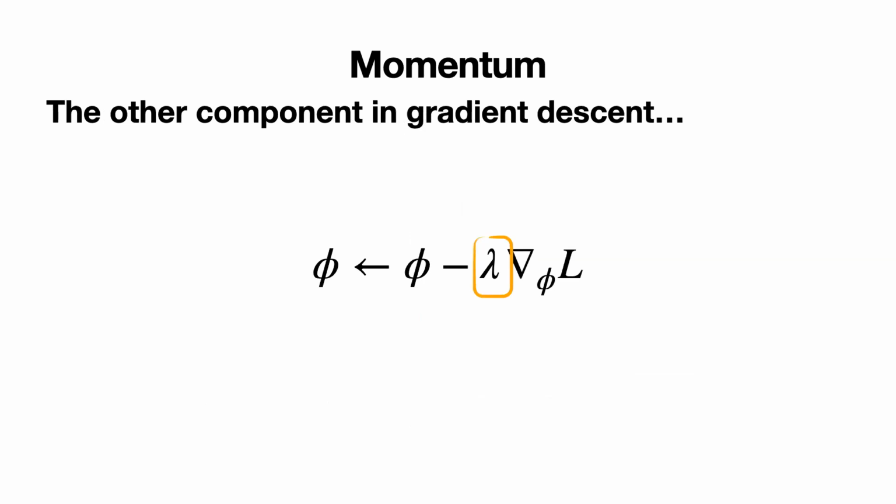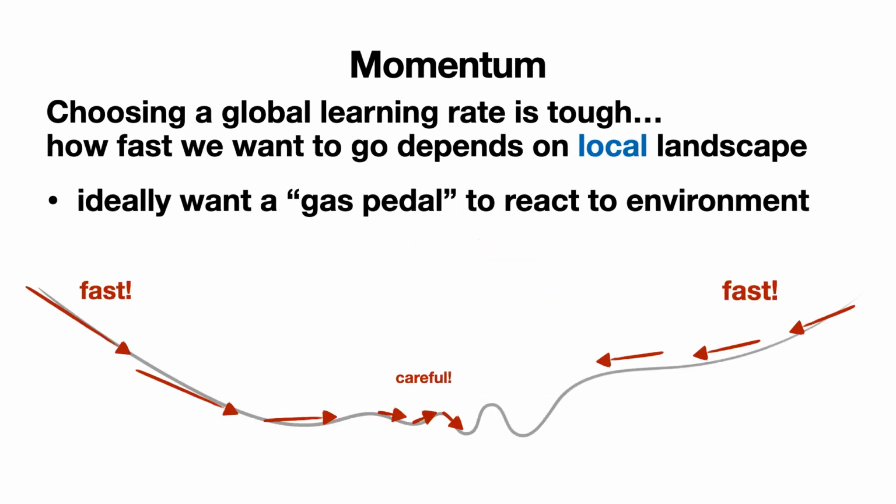But our loss landscape has areas where it's easy to learn and areas where it's hard to learn or where you need to be more careful. If you have a super smooth loss landscape, you want to go fast. You trust your gradient a lot, you want to go far into the future. Once you go into an area of the loss landscape where there's a lot of internal structure, you want to be careful.